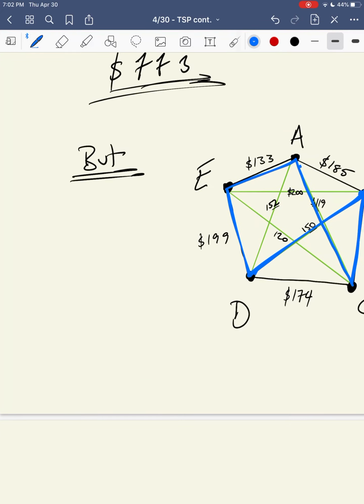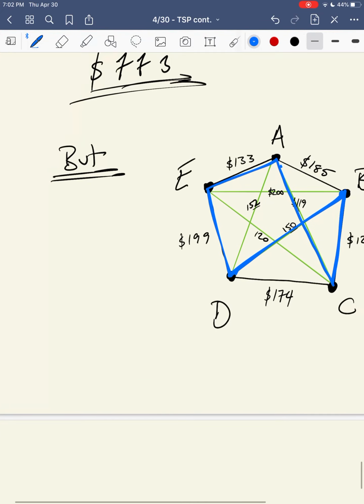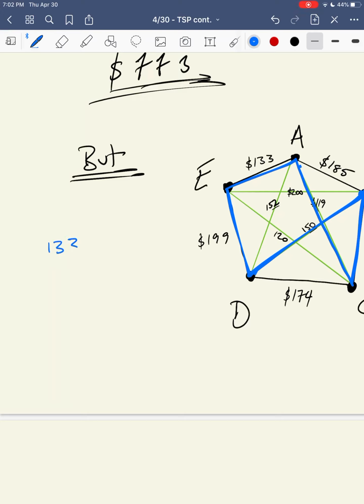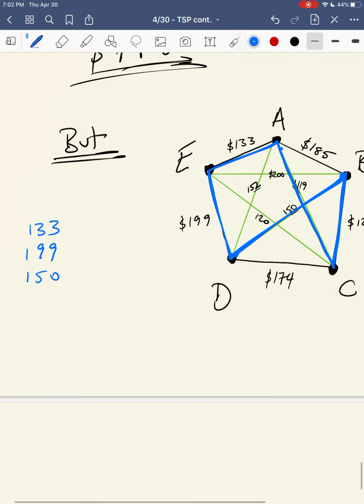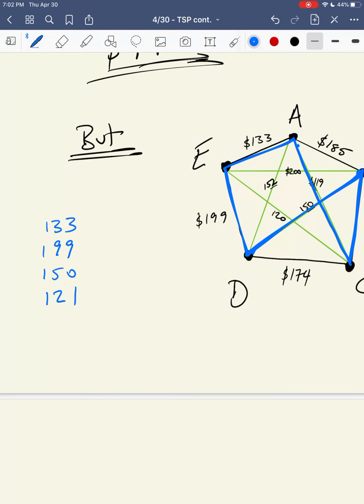So there we have 133 and 199 and 150 and 121 and 119. That makes 21.